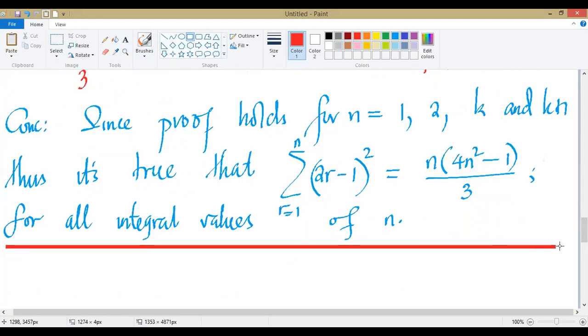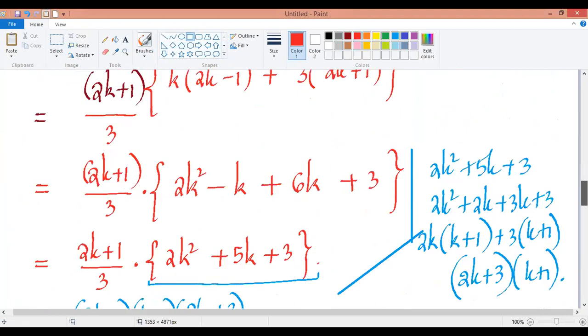That was the recap for the proof by induction in line with the sums of series.